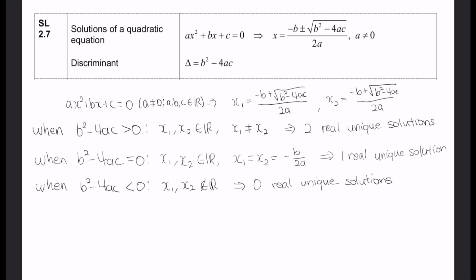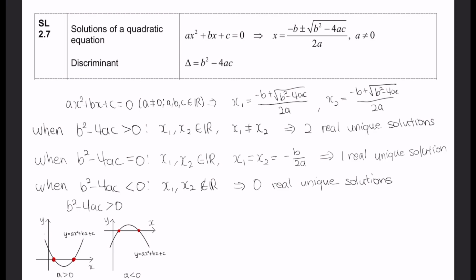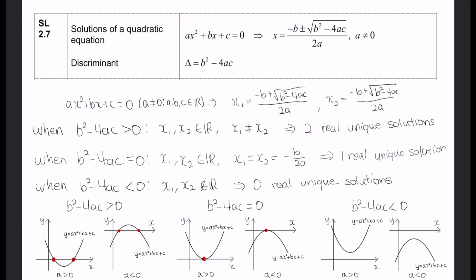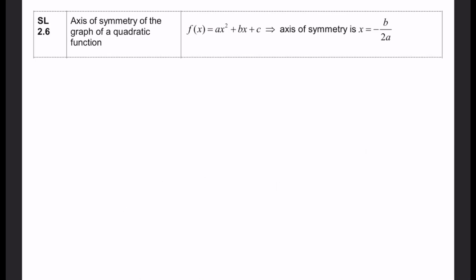This means that if we plot y equals ax squared plus bx plus c on an xy plane, the graph will intersect the x-axis, or alternatively y equals 0, at two different points when the discriminant is greater than 0, at a single point when the discriminant is equal to 0, and at no points when the discriminant is less than 0.